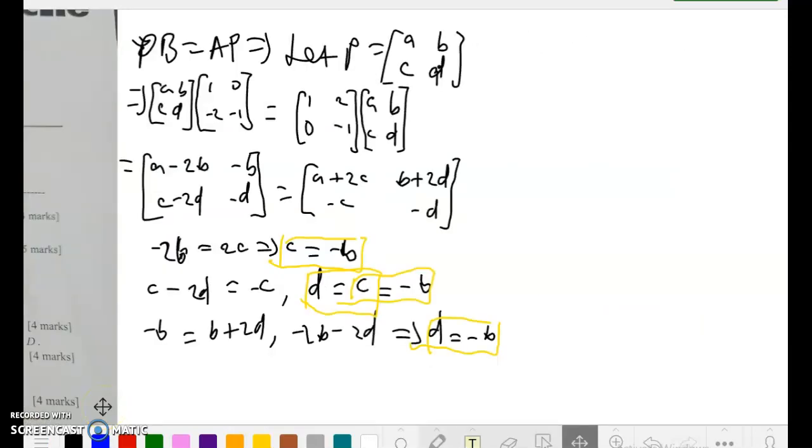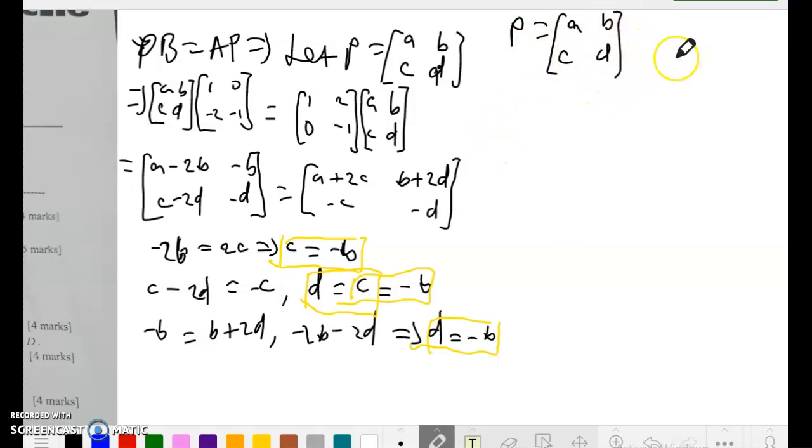The next step now will be, having found the values of c, d, and b, we need to find the value for P. In this case, when we are looking for P, we know that P is given by a, b, c, d. So we simply need now to take the inverse of this. And what is the inverse of this matrix?